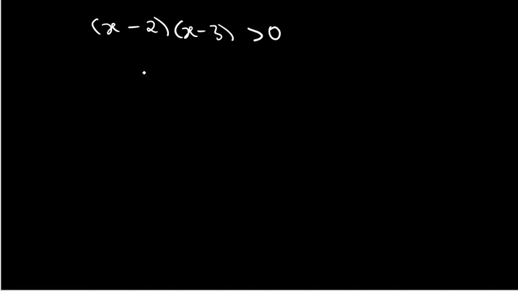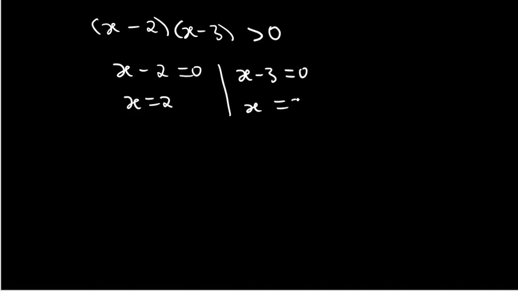After getting the linear factors, you equate each linear factor to 0, because we want to solve to get the two values before we can analyze that. So we have x minus 2 equal to 0, which gives x equal to 2. You take the other linear factor, the same thing: x minus 3 equal to 0, so x is equal to positive 3.